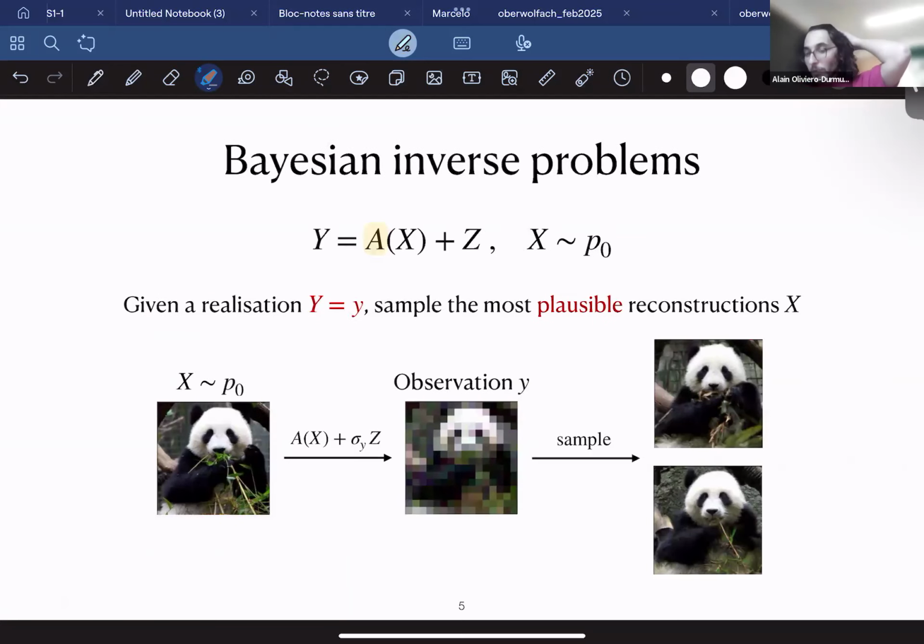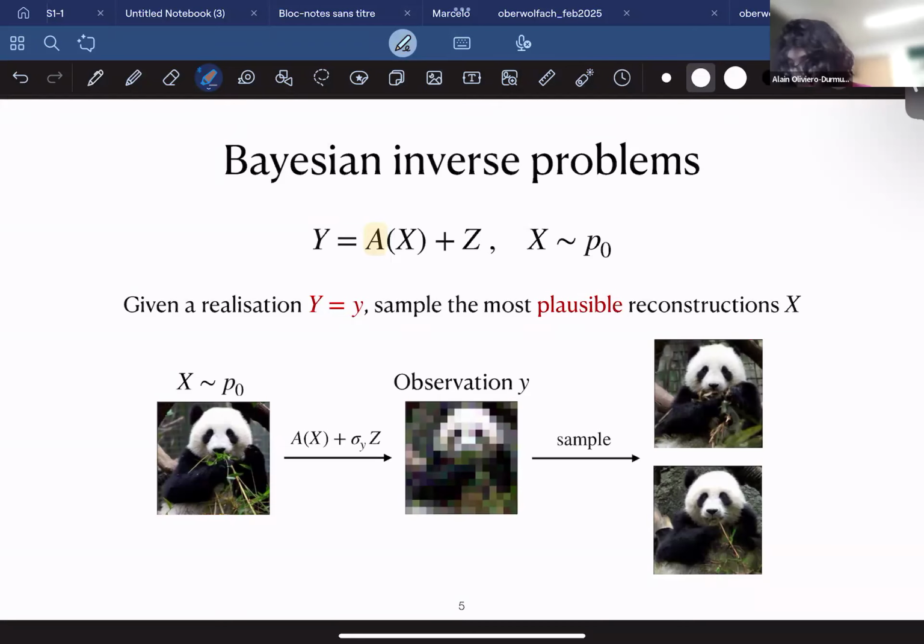So here is one particular example, and I will give you another example in the numerical illustration part of my talk. Here I have an original image of a panda.